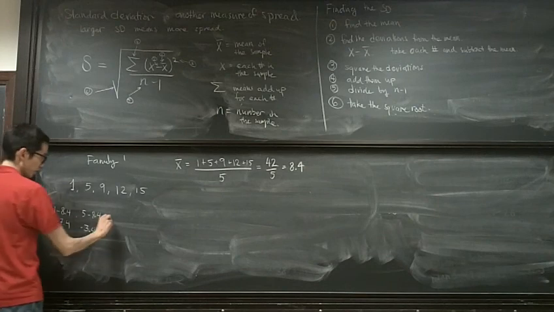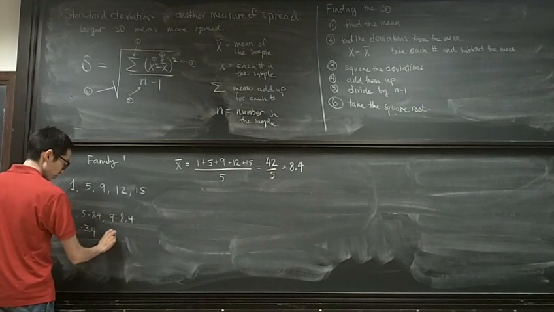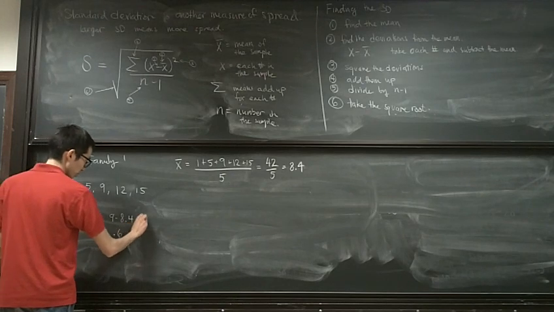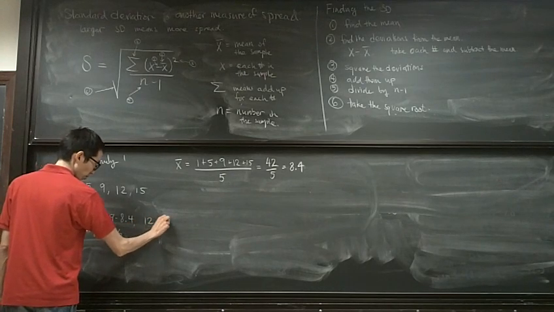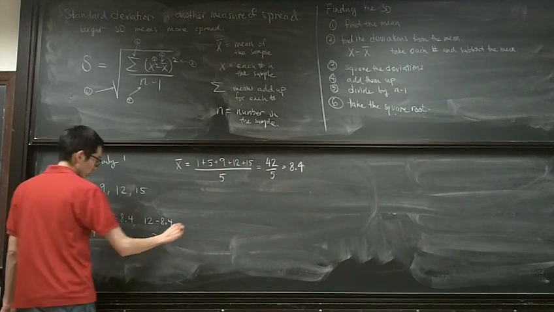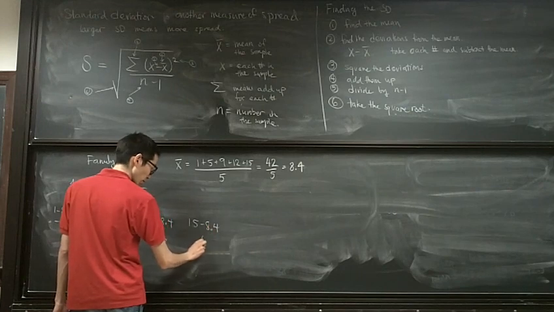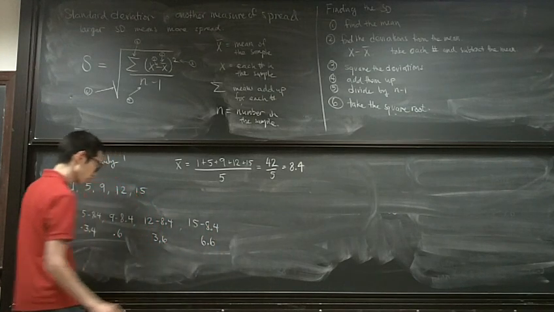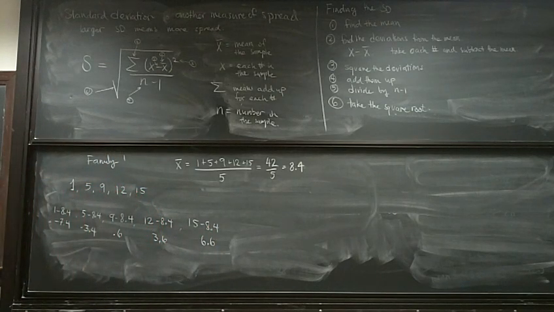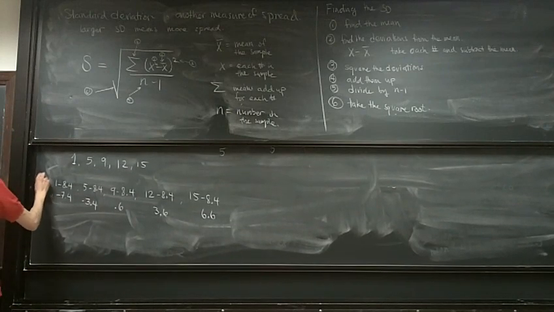Negative 3.4. 9 minus 8.4 is 0.6. These are the deviations. Is that okay? All right. So this is step 2.